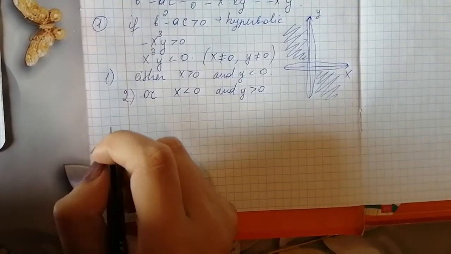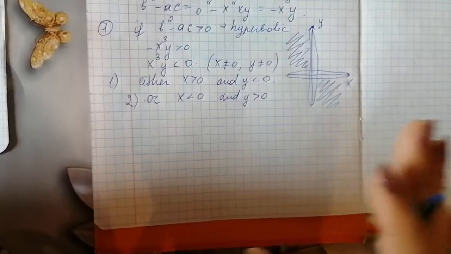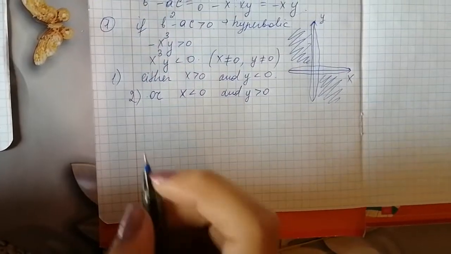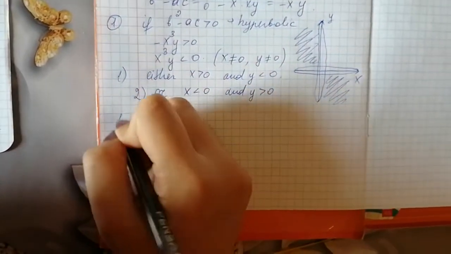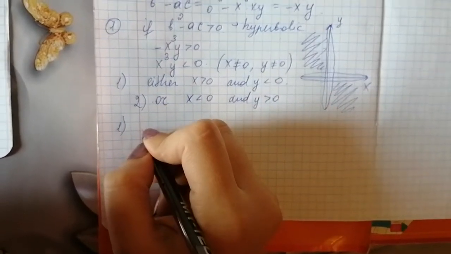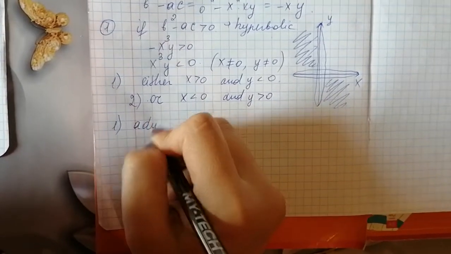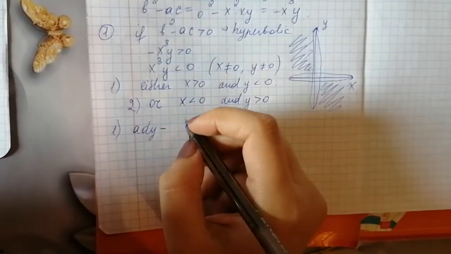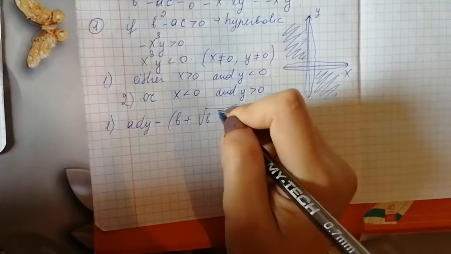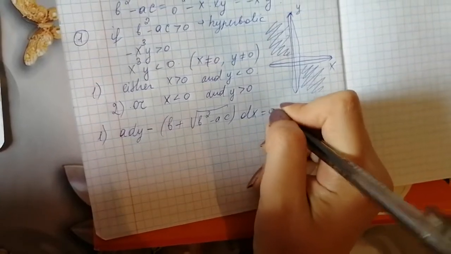How can we find it? There are some formulas for it, and you can find these formulas by doing some calculations, but I will write them as given formulas. The first characteristic of the hyperbolic type equation is found by this formula: a dy minus b plus square root of b squared minus ac dx is equal to 0.